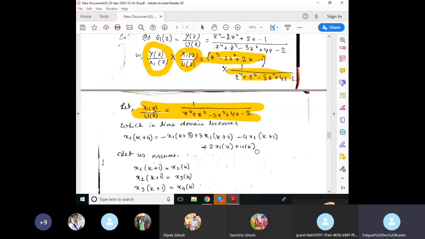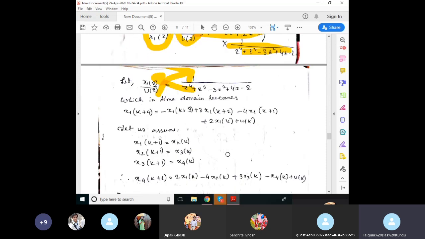Okay, at first we have to multiply these, and this is U(z), and taking common, let us assume that z is equal to x1k, and getting all the things from this equation.